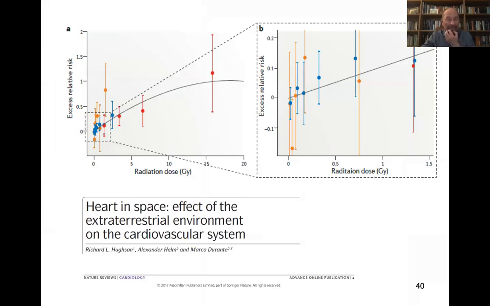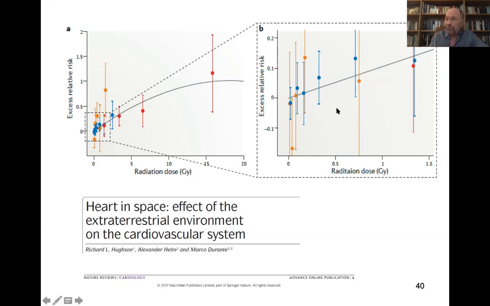In this review, we try to compare the data from Hiroshima and Nagasaki, the data in blue, with other cohorts, the red data, radiotherapy data. So they go to much, much higher dose. And the orange points are Mayak, another cohort, the Mayak workers cohort in Russia. You see, the data are not incompatible.